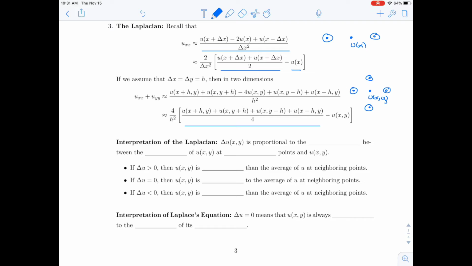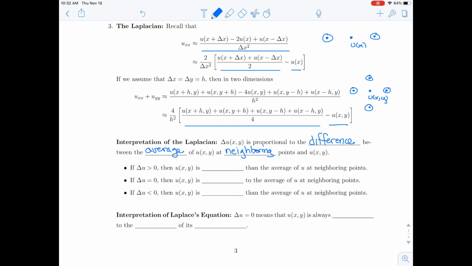minus u of xy. So our interpretation of the Laplacian is that the Laplacian of u of xy is proportional to the difference between the average of u of xy at neighboring points and u of xy.